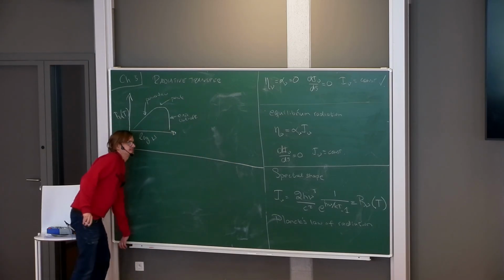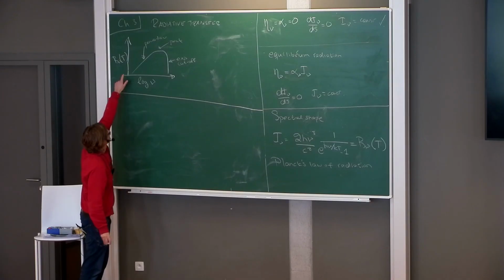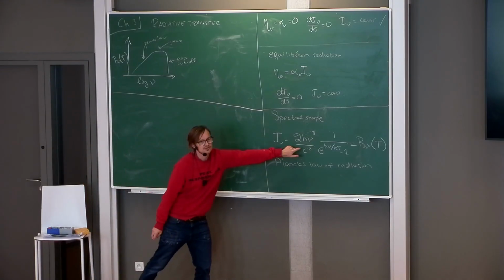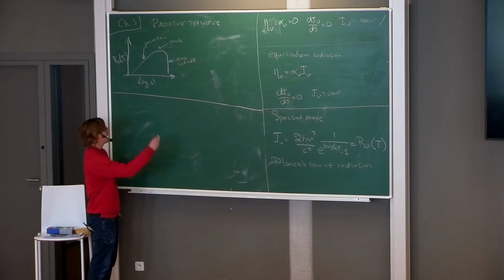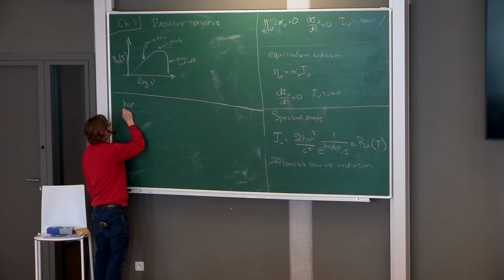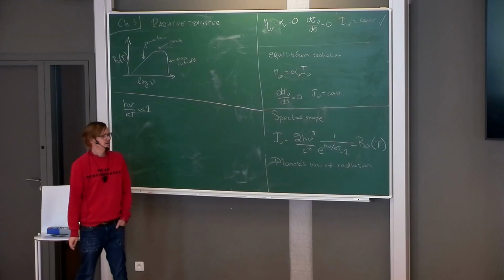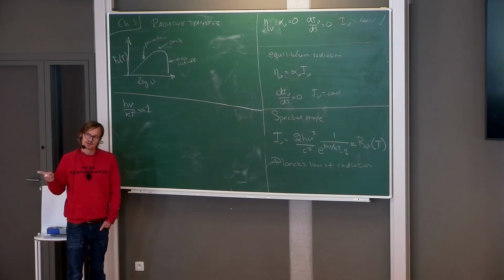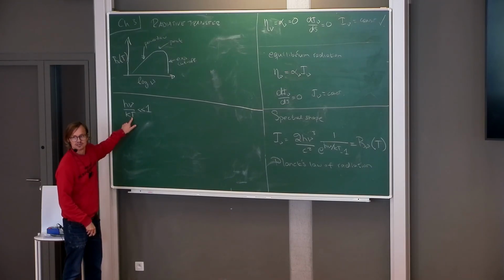So let's see if we can understand this. Well, the power law dependence, we can use this, okay? And then we can make the assumption that at low frequencies, h nu divided by kT is much, much smaller than 1. This is actually very important, because where you reach this regime depends highly on the temperature.